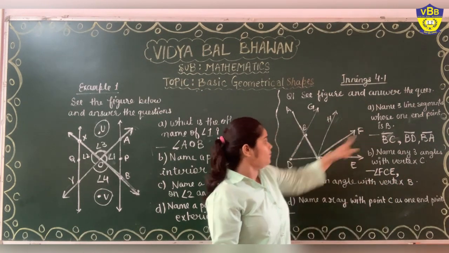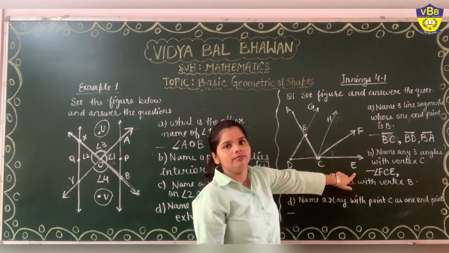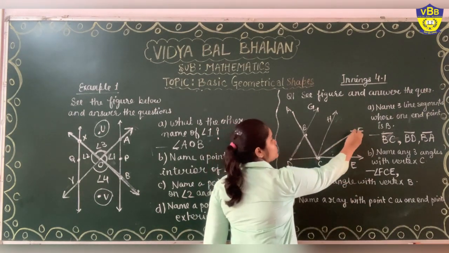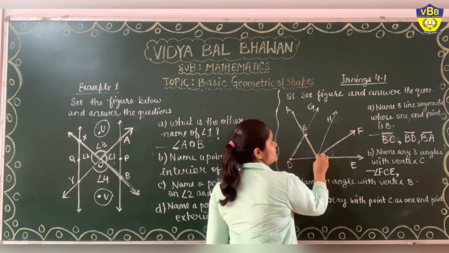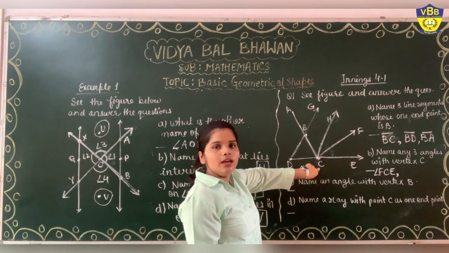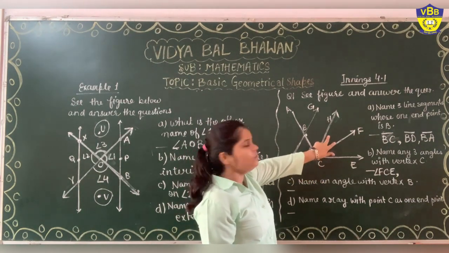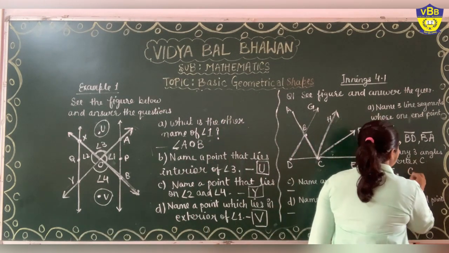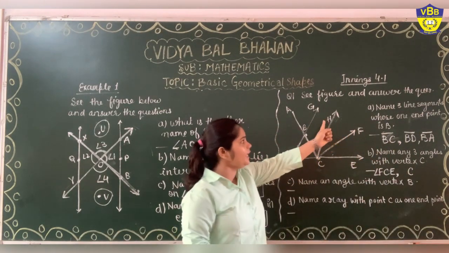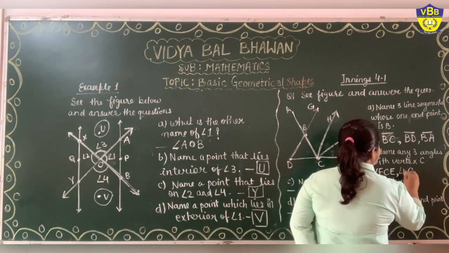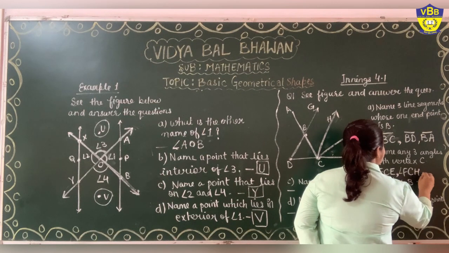Next one is this angle, FCH. C is the vertex, the common point of these two rays. So C will be written in the middle, and on the two sides we can write H and F. So it is angle FCH.